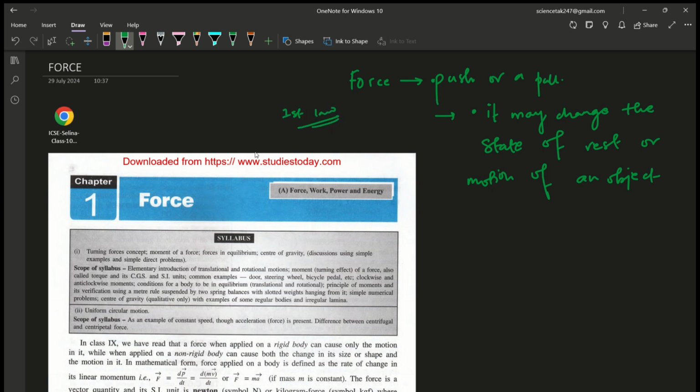It says that a body at rest would continue to remain at rest and a body in motion would continue to remain in motion until and unless an external force is applied on it. Thereafter, we'd see it might change the direction of motion.